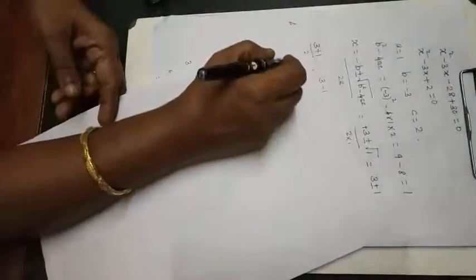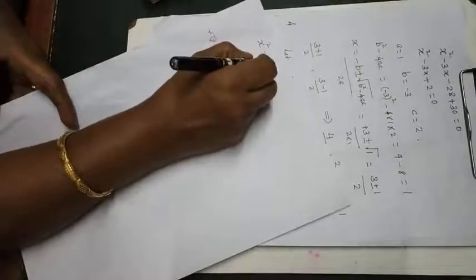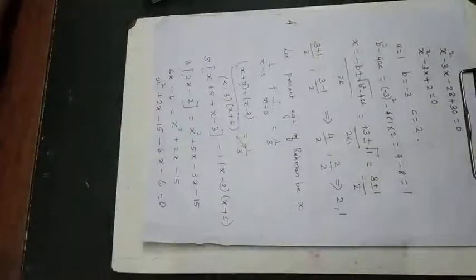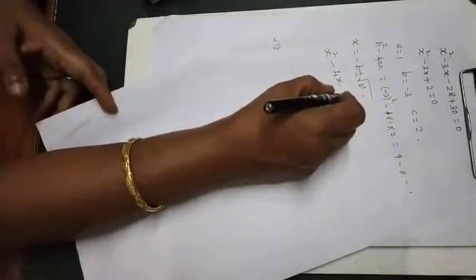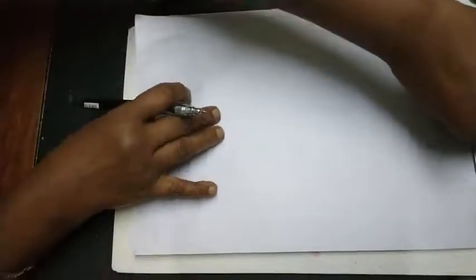You will get an equation x square minus 4x minus 21 equal to 0. So you are getting equation like this. x square minus 4x minus 21.